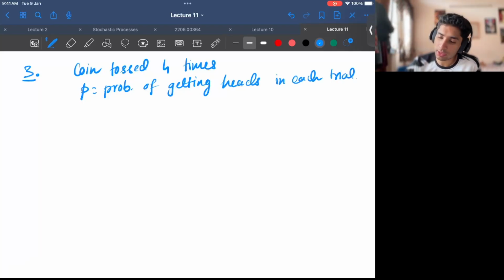So it's a biased coin, right? I mean, we don't know if it is biased or not, but this is the probability of getting heads if you toss the coin. And S is the number of heads obtained, right?